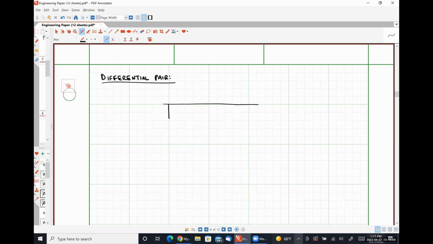We would have something that looks like this. So we're biasing it with some resistance RD. Here is our transistor M1. Here is our transistor M2.